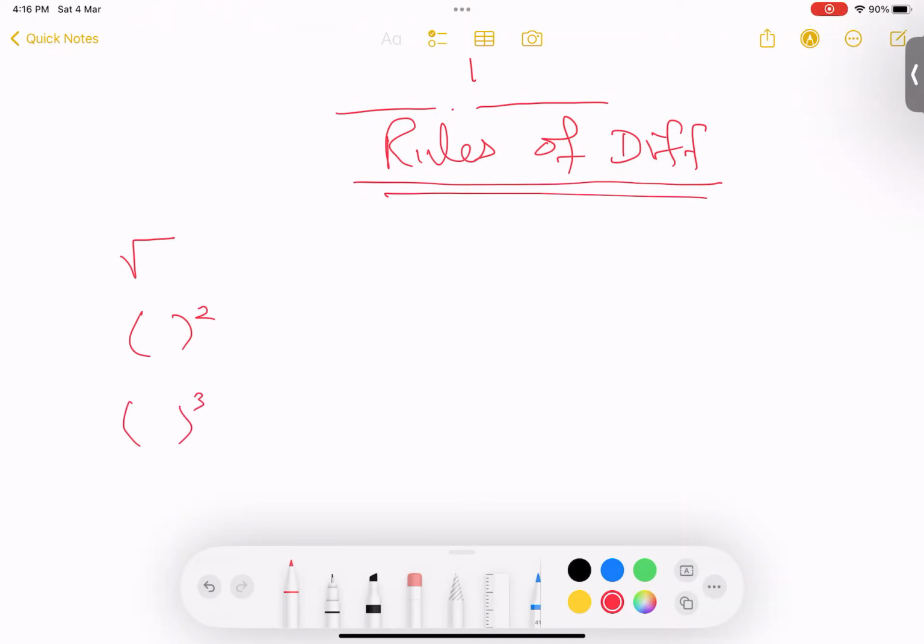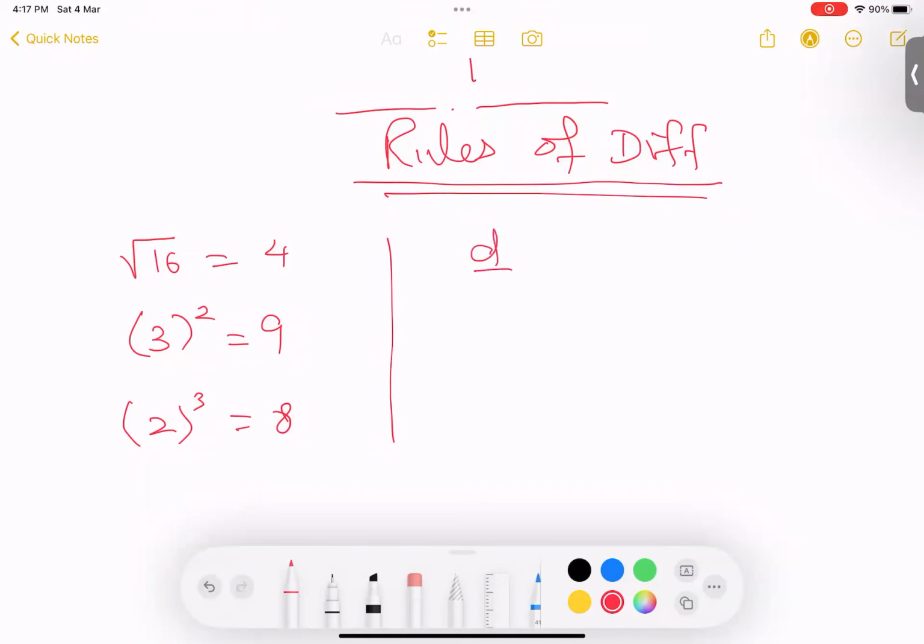If you give it 16, the square root returns 4. Three to the power 2 means 3 threes are 9. Two to the power 3 means 2 into 2 into 2 gives you 8. So I repeat: this is the square root operator, this is the square operator, and this is the cube operator.